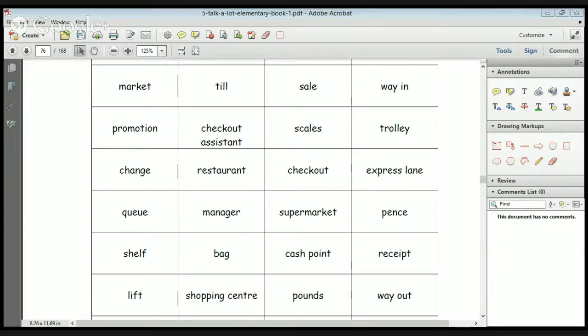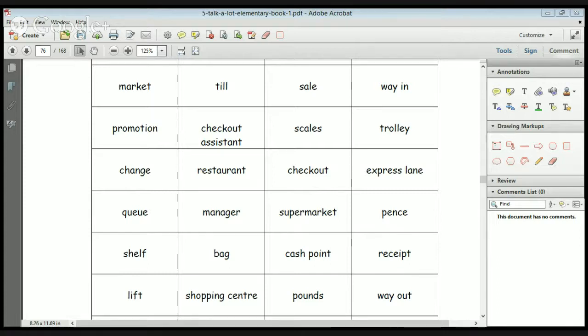Market, market. Till, till. Sale, sale. Weigh in, weigh in. Promotion, promotion.